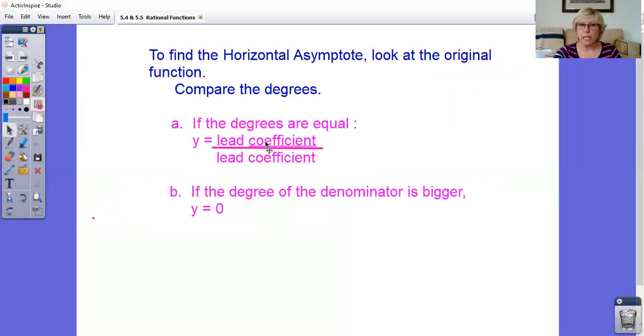I'm going to take the lead coefficient of the numerator over the lead coefficient of the denominator. And that's only when the degrees are equal. The second situation is when the degree of the denominator is bigger, then your answer is just flat out y equals 0. The x-axis is the horizontal asymptote.